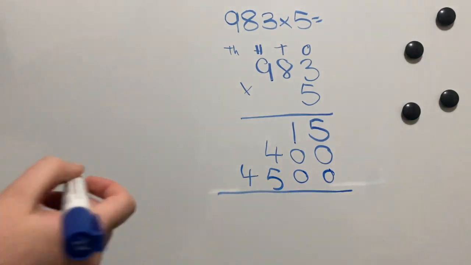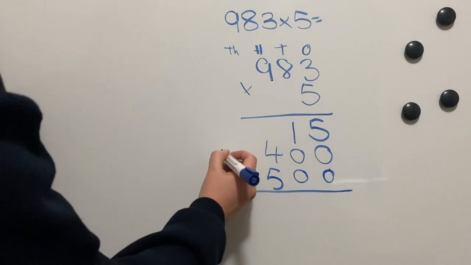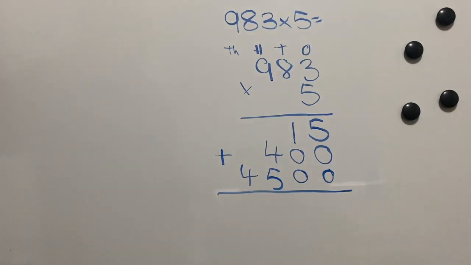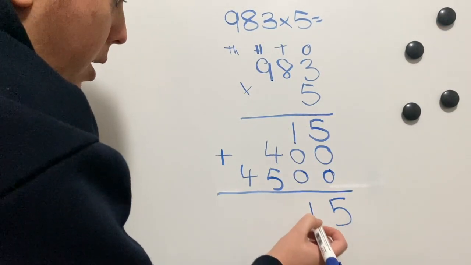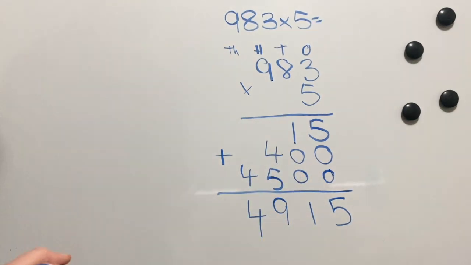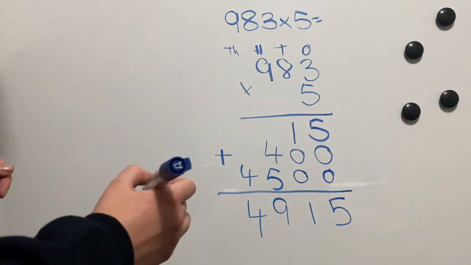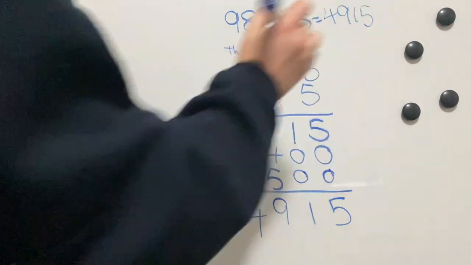My final step in this multiplication will be to add these answers together. Can you see how it's similar to the grid method that we did the other day? Lastly, I do 5, 1, 9, 5. So my answer to 983 times 5 is 4,915.